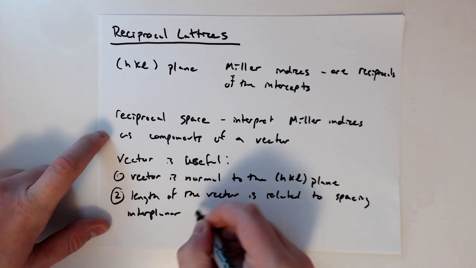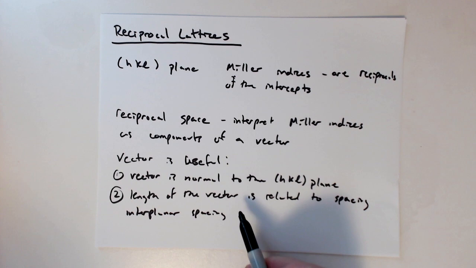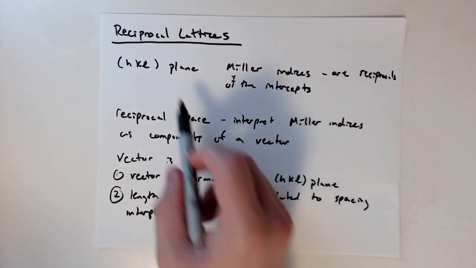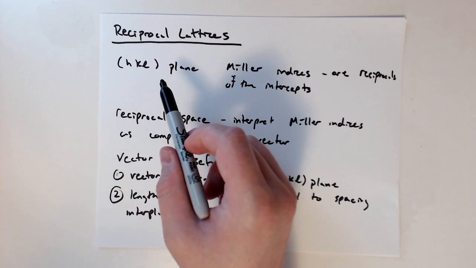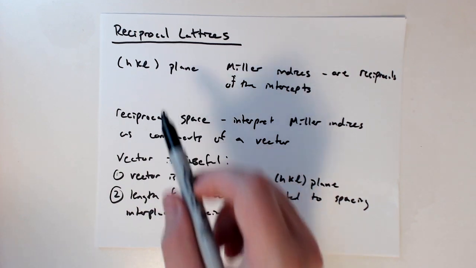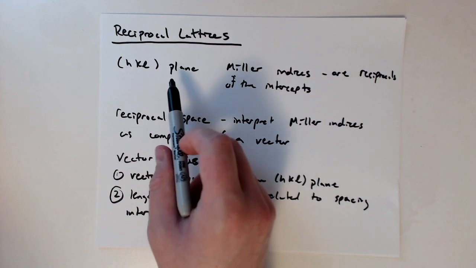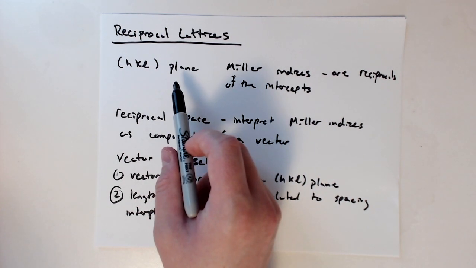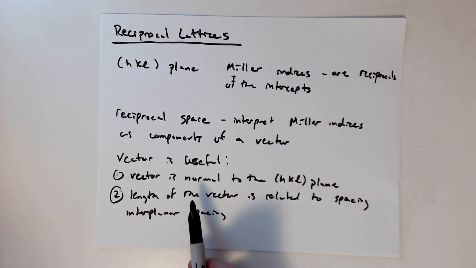The interplanar spacing. So when we construct this vector in reciprocal space that corresponds to a plane in what we call real space, so just the space that you're thinking of, the reason we do it is because this vector tells us two important features.